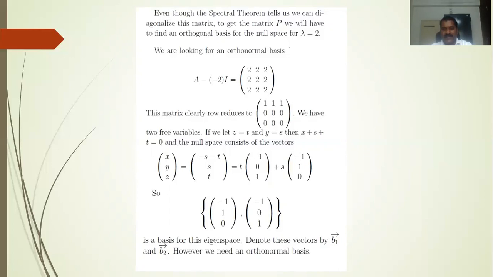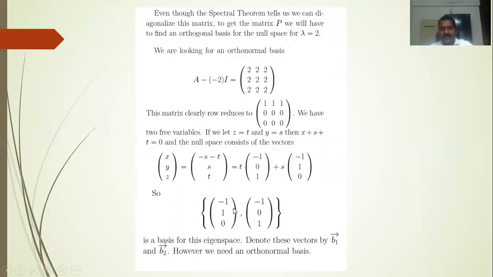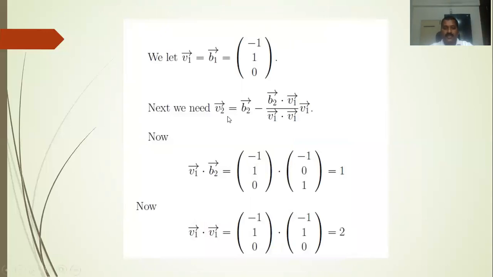There are two ways, right? But the best way is, as we have discussed earlier, the Gram-Schmidt orthogonalization process. So let us choose x1, x2, x3 as orthogonal vectors, right? Now let v1 equal to minus 1, 1, 0, this one. Then we need to project this onto this one, right? That's what our Gram-Schmidt process says. Now we need to construct v2, which is b2 minus the projection onto the space of v1, right?